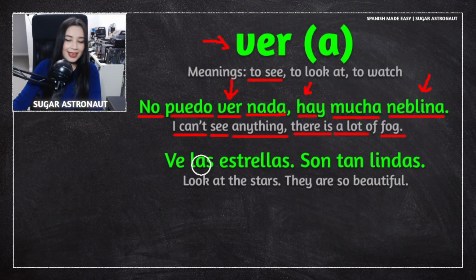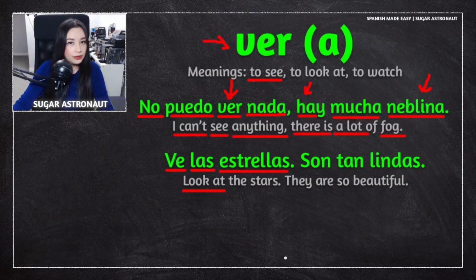Okay, ve in this situation is a command. Okay, tú ve, ve. Okay. And when we have also the noun estrellas. Estrellas, ve means look at. Las estrellas. Las is a definite article and it's feminine and it's plural.